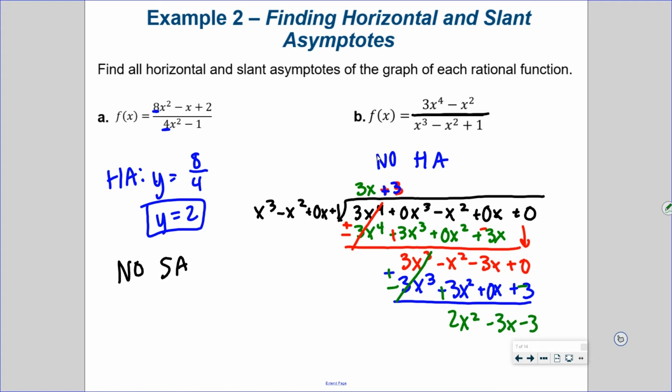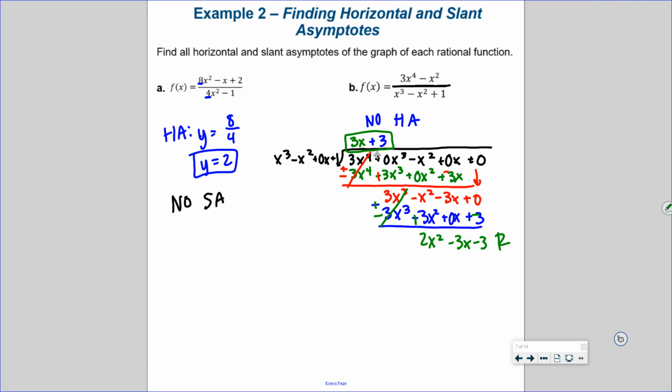All right, we're actually done because I know we obviously have a remainder here. But there's nothing I can times x cubed by to get x squared unless I did a negative exponent, and we're not going to do that. So once you find your remainder, you're done. And this right here, folks, that's your slant asymptote. And I told you it should be a linear function. So we'd write it y equals 3x plus 3.